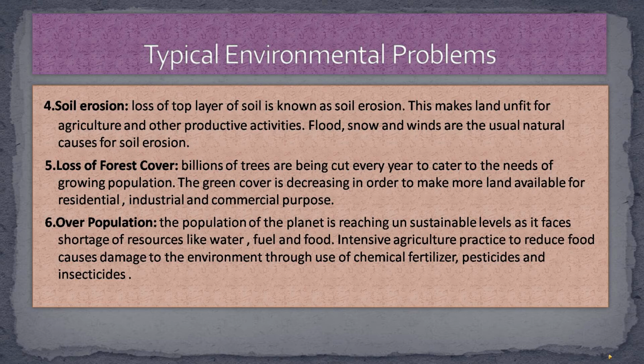Intensive agriculture practices to produce more food cause damage to the environment through the use of chemical fertilizers, pesticides and insecticides. Here, intensive agriculture or intensive farming means a way of producing large amounts of food by using chemicals, pesticides and insecticides.